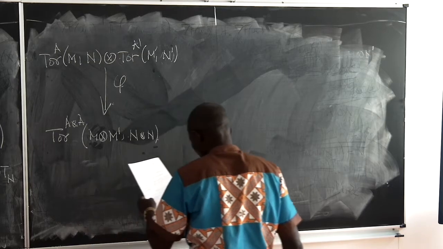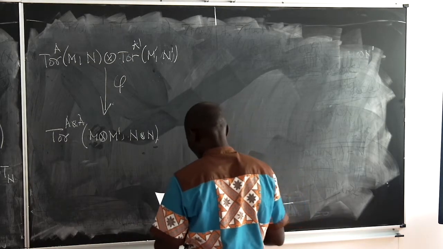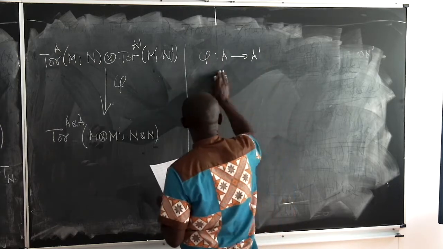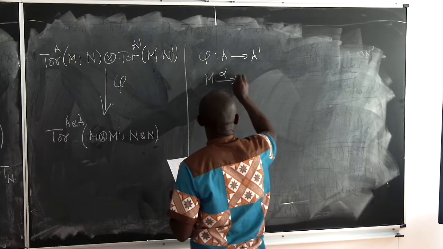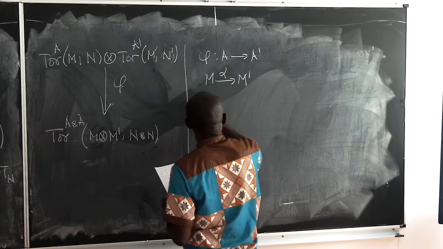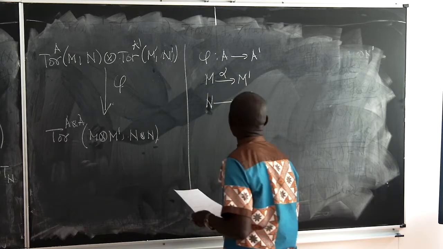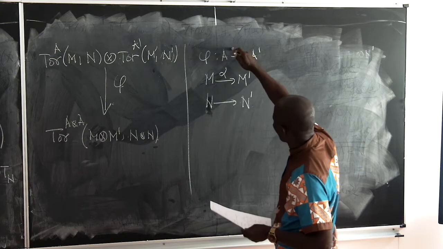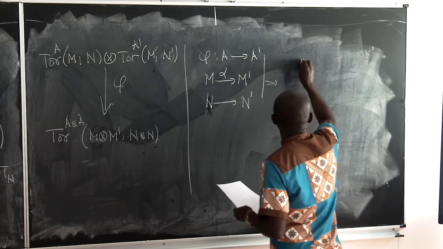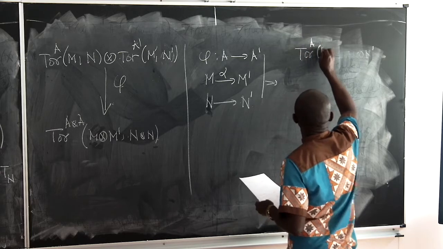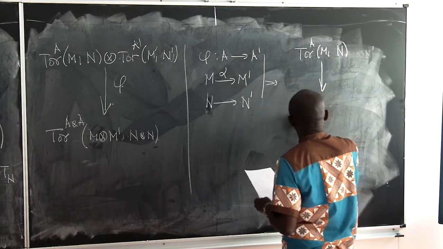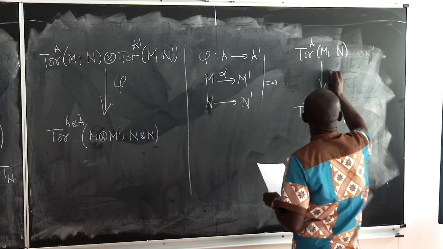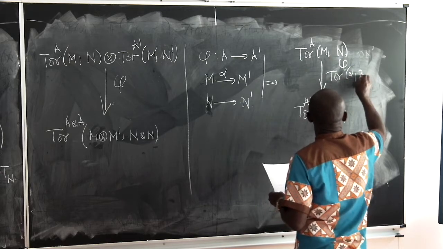Now the third result that we saw yesterday is that if phi is an algebra map from A to A prime, M is a map beta, M prime and N prime are A prime modules, M and N are A modules, then we have so yesterday.